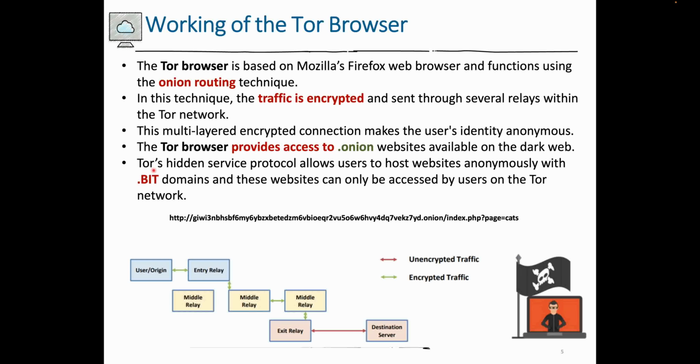Now, Tor's hidden service protocol allows users to host websites anonymously, along with the .bit domains here. So what is the .bit domain? It's typically associated with Namecoin, a decentralized DNS system based on blockchain technology. How does this benefit you?